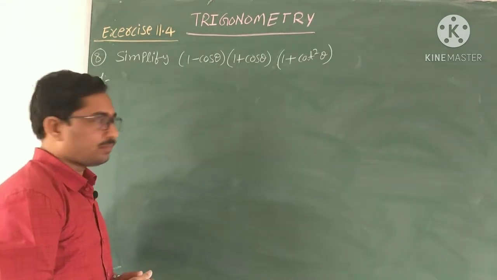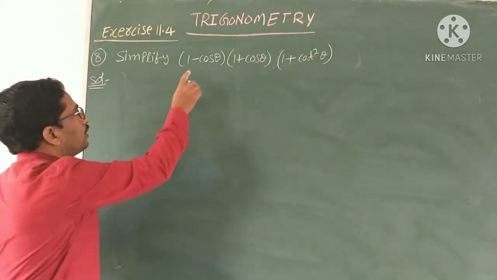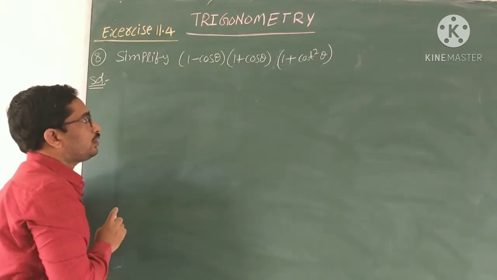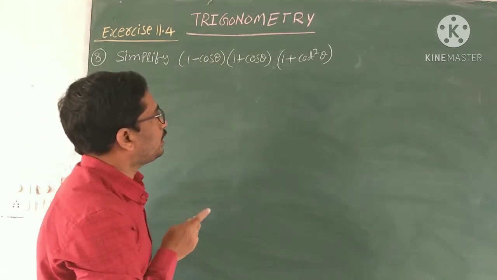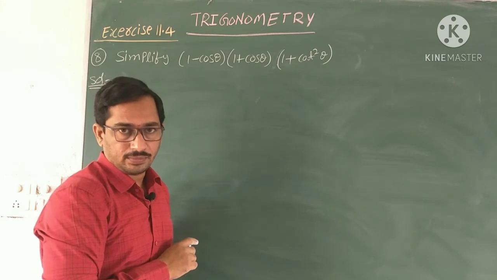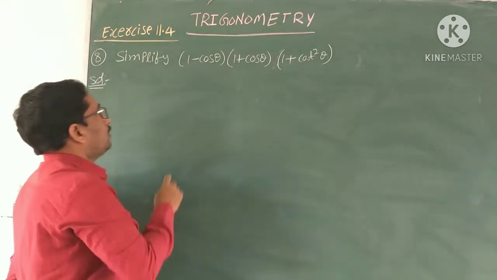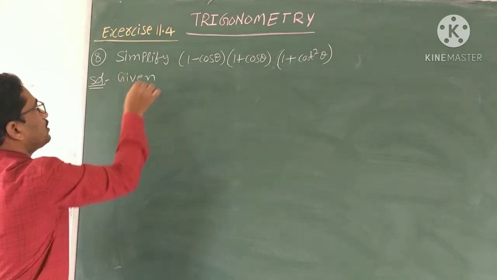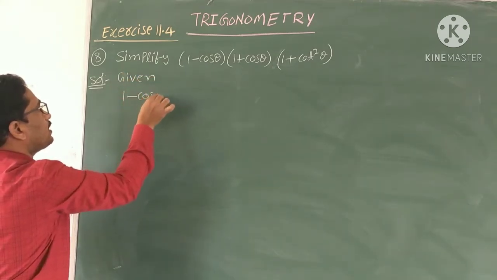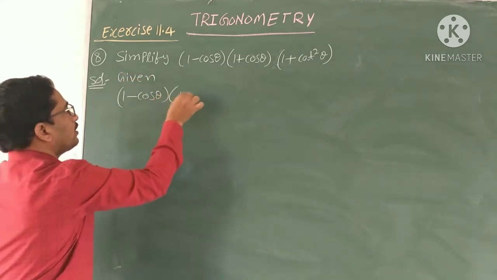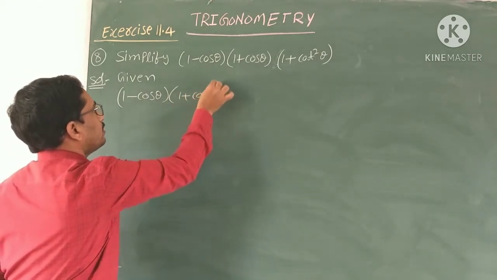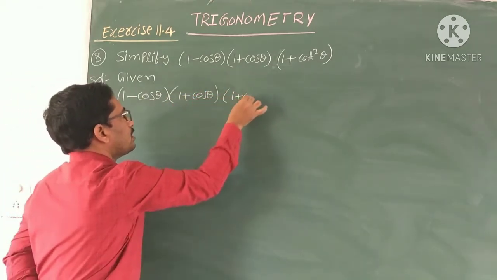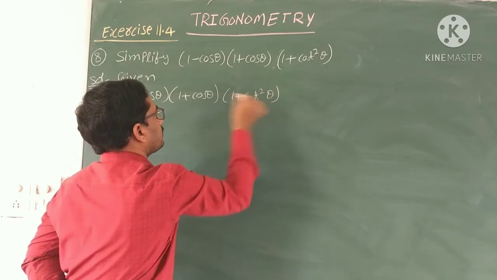So 8th problem, simplify (1 minus cos theta) into (1 plus cos theta) into (1 plus cot square theta). So see the solution. Write the given first: (1 minus cos theta) into (1 plus cos theta) into (1 plus cot square theta).